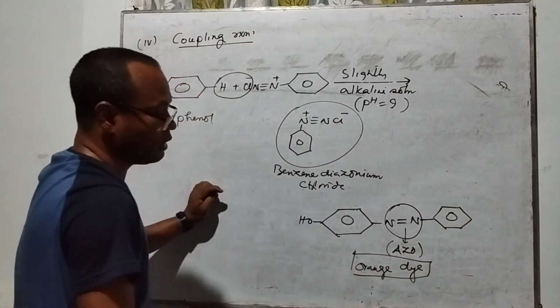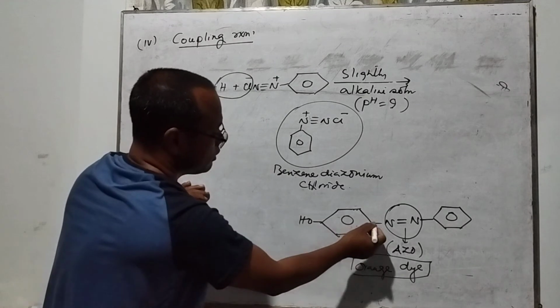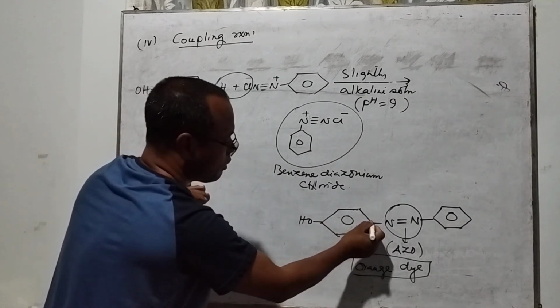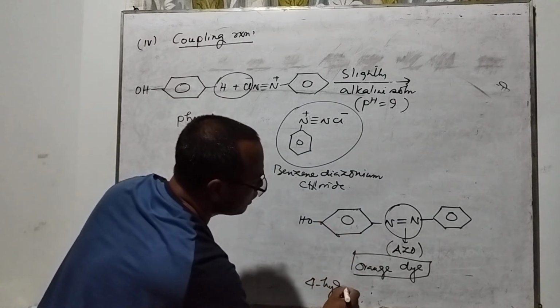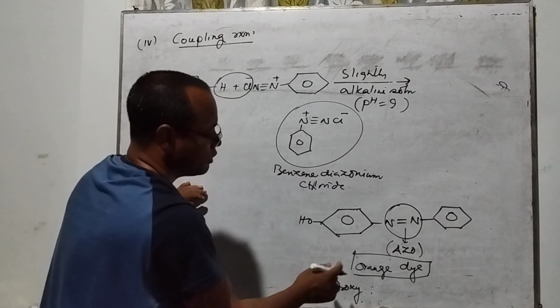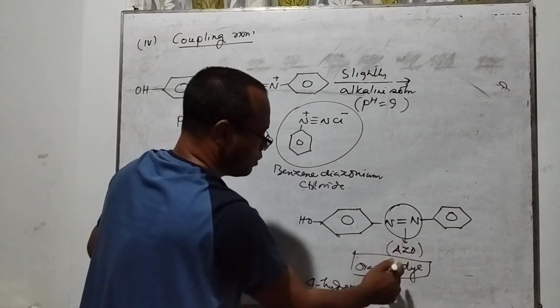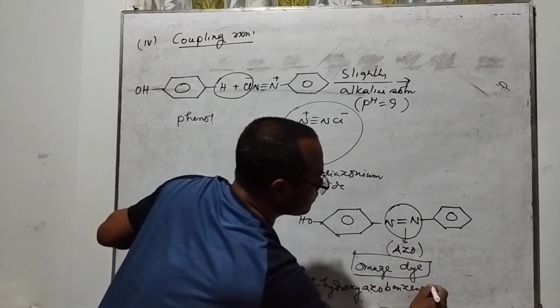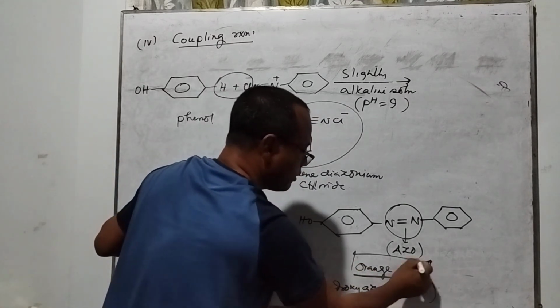So what is the name of this product? Here this is the para position. Now we start counting 1, 2, 3, 4, so it is 4-hydroxy. The ring from the benzene is attached through the azo, so we write azobenzene. What is the color of the azobenzene? That is the orange dye, right?